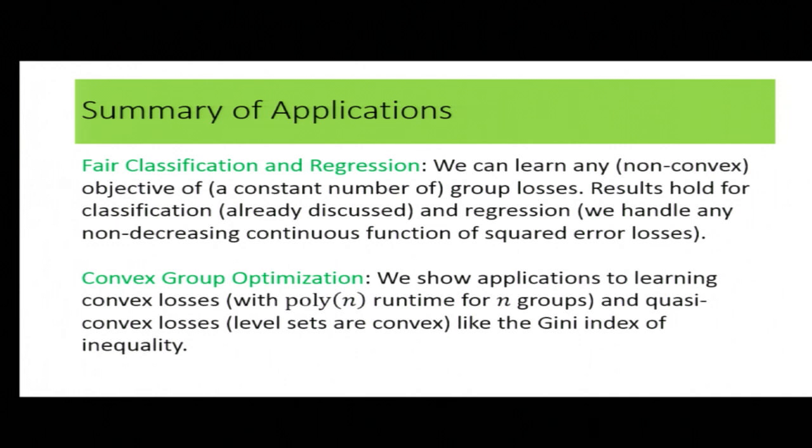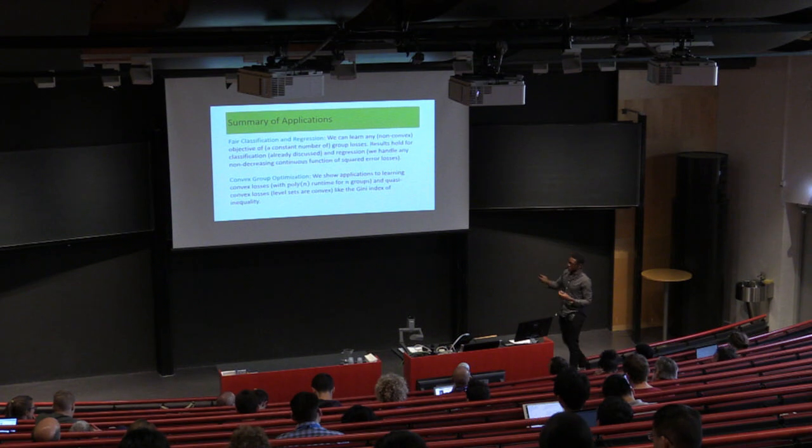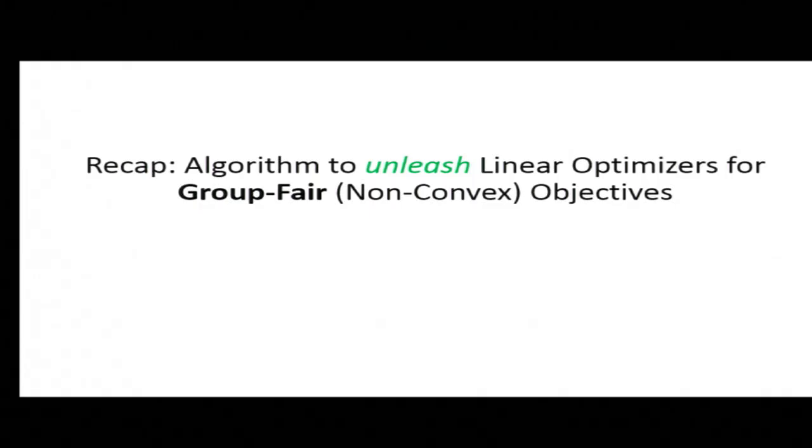For the more general setting, our runtime is exponential in the number of groups, a constant number of groups. But if we're trying to minimize the convex function instead, it's going to be a polynomial number of groups. And we also show this in the paper, also by reduction to linear optimizers. And here's the recap. Thanks.